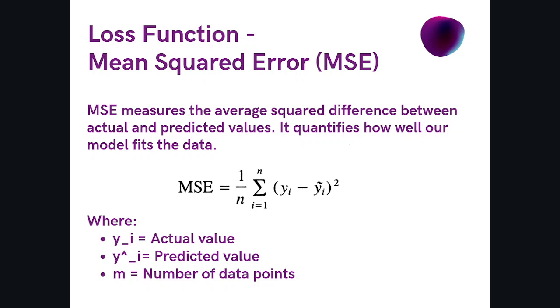Now MSE basically measures the average squared difference between actual and predicted values. It quantifies how well our model fits the data. We know what the mean is, right? Loss function is basically the error between the actual values and predicted values.